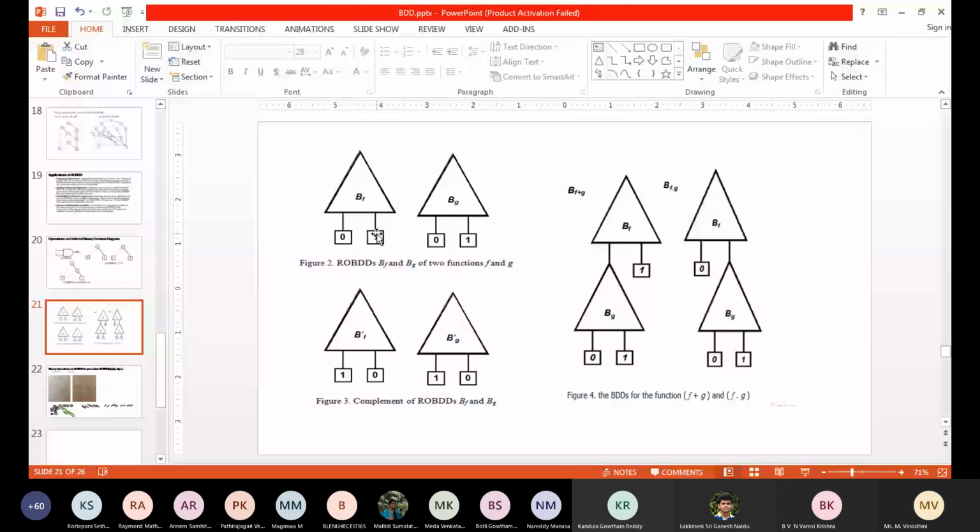That's it. Suppose I give you a function F equal to a plus b. I'm asking you to draw the ROBDD, and also draw the ROBDD for a plus b whole bar. So first you have to draw the ROBDD for a plus b.